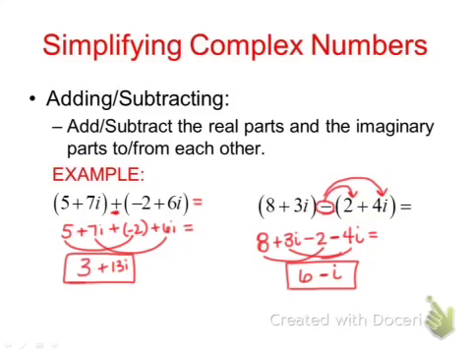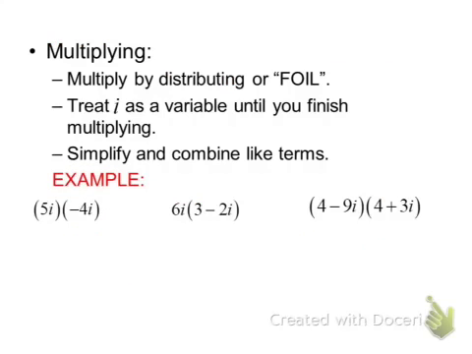Okay, so adding and subtracting, fairly simple. Treat like terms like normal and combine them until you can't combine any more like terms. Now multiplying, same situation. We're going to treat the i, the imaginary number, as if it was a variable until I finish multiplying. Because there's one thing that I do know about i. If i is equal to the square root of negative 1, i squared, okay, let's think about that, is the square root of negative 1 squared.